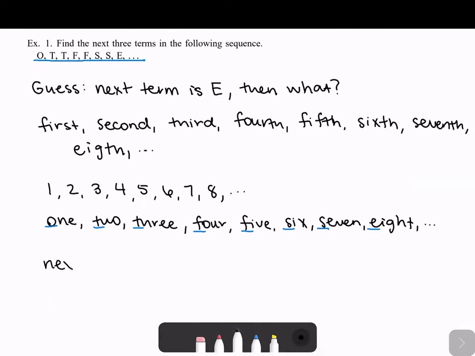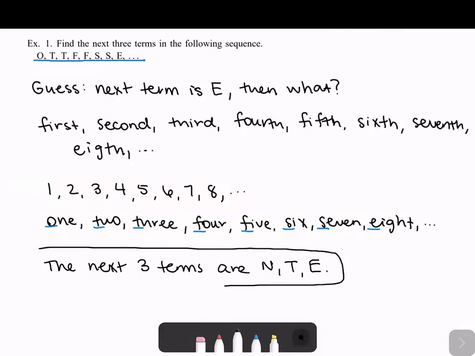So the next three terms are the first letters of 9, 10, and 11: nine, ten, eleven. So this is our answer.